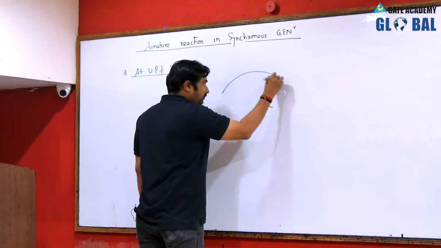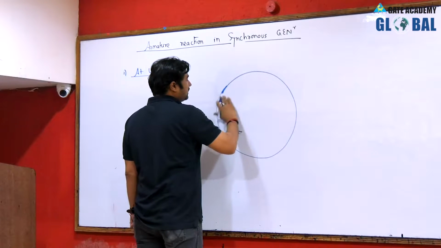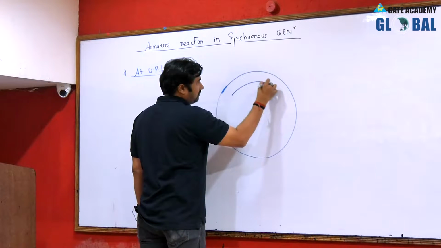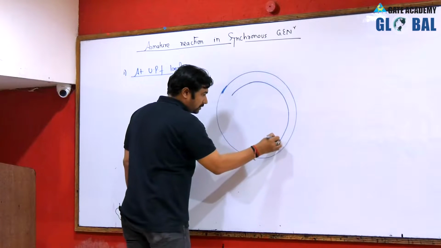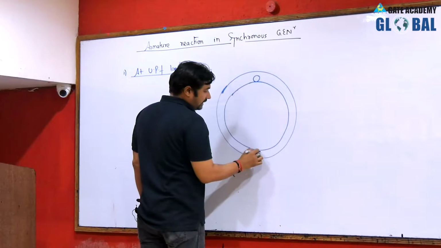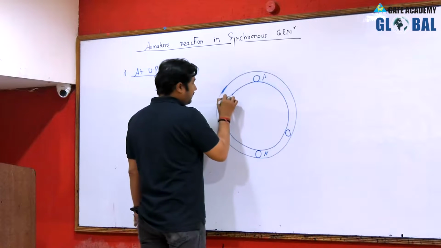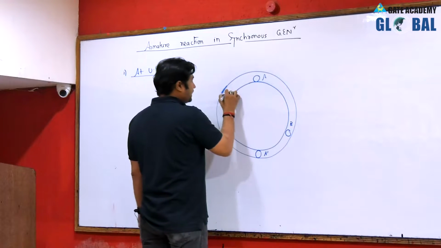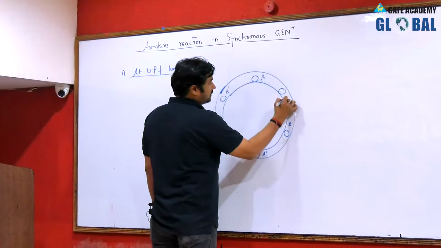Now please observe, we have this to be the generator. Presently I am representing the concentrated winding so that it will be very easy to understand the armature reaction concept. So we have this generator with A dash, then 120 degrees apart is the B dash phase and 120 degrees apart is the C dash phase.